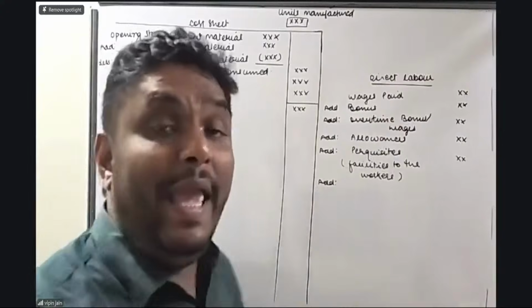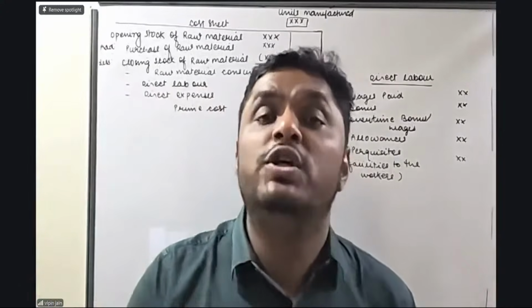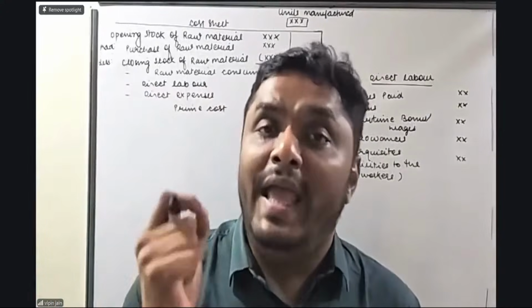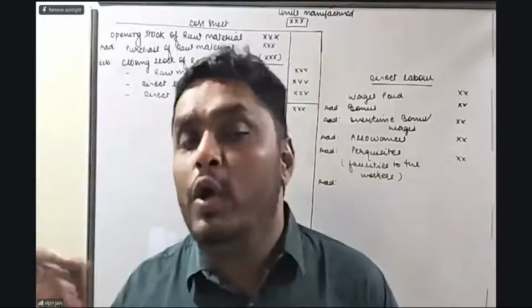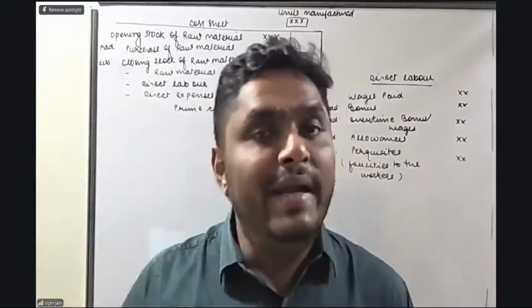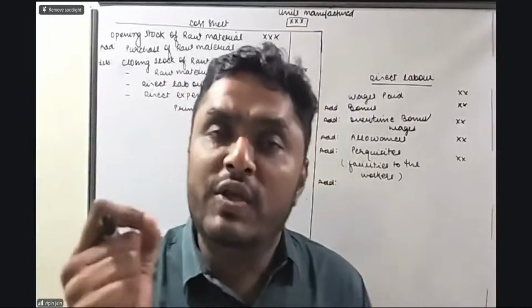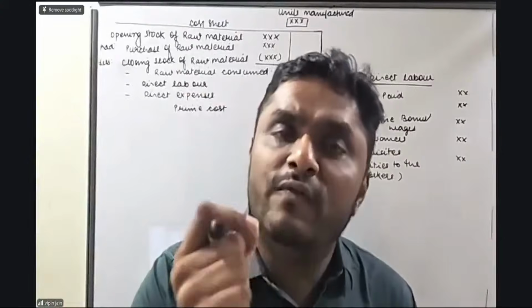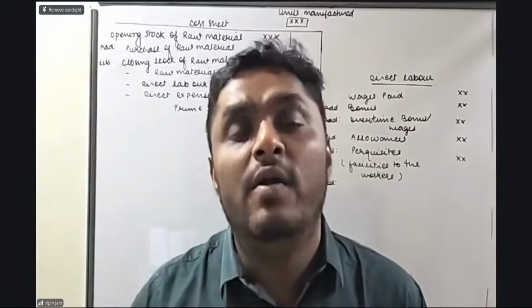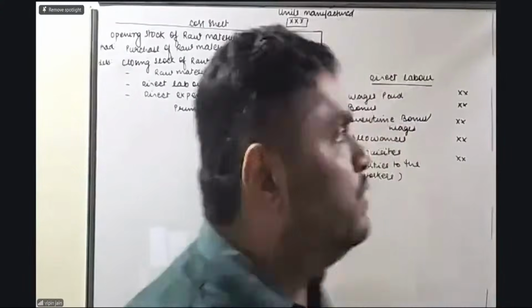Apart from this, employer contribution to provident fund. If the employer gives any benefit to the employee, it will be added to the cost of the product. So if the employer is giving any contribution to provident fund for the labor, it will be added to the cost of labor.